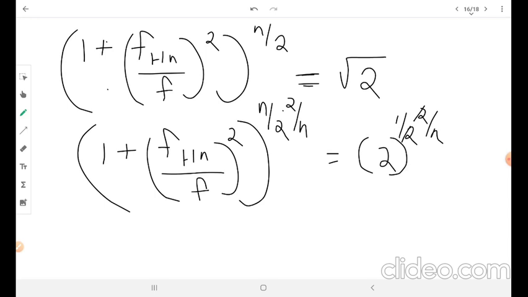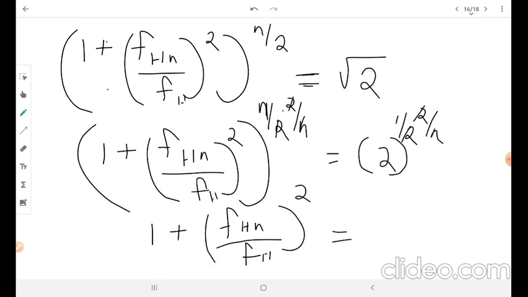This will cancel. Then we can write 1 plus FHN by FH all square, that's equal to 2 raised to 1 by n.